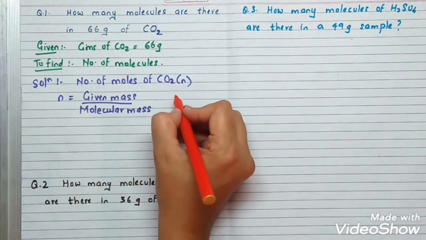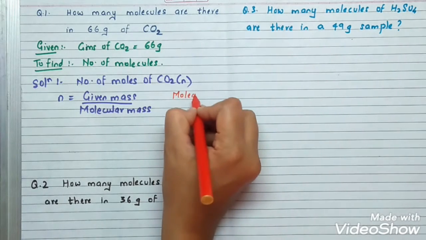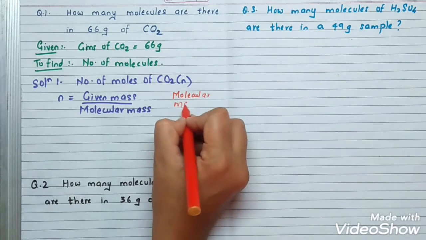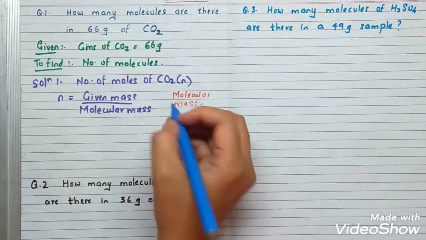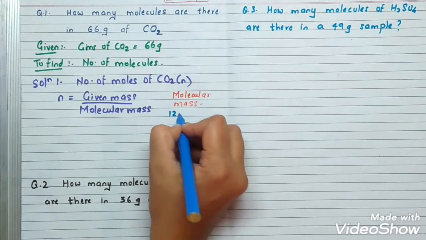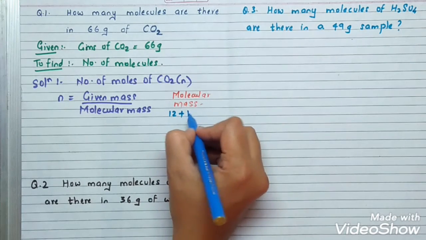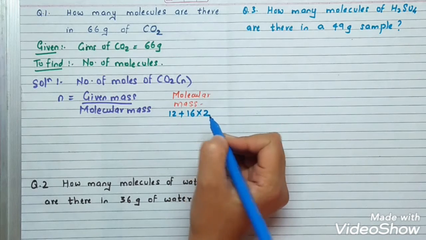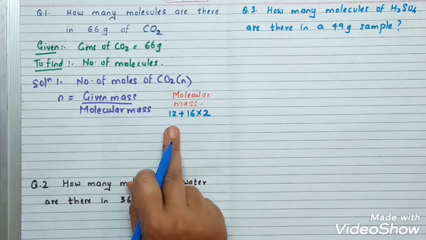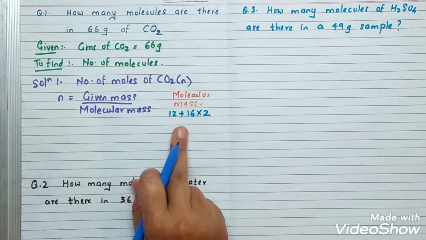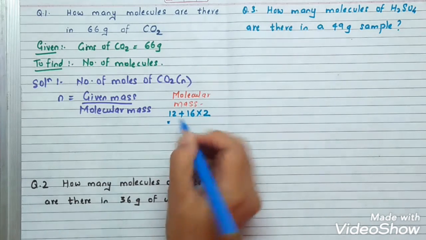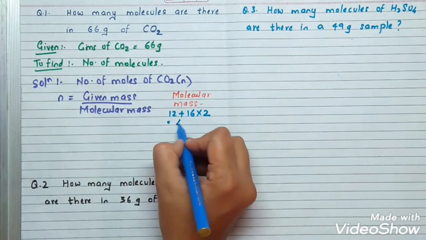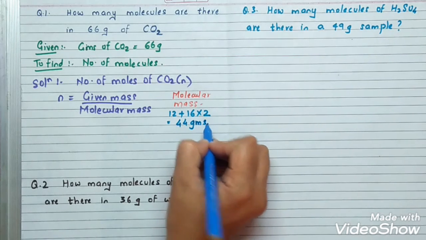But again we have to find the molecular mass. So here I am going to find the molecular mass of CO2. I know the atomic mass of carbon is 12 plus oxygen is 16 into 2. This comes to 12 plus 32, that is 44 grams.